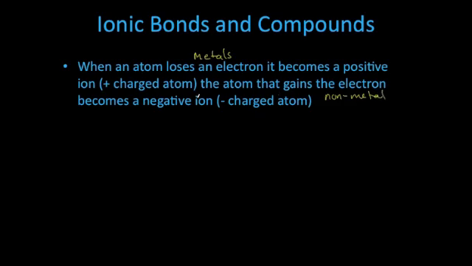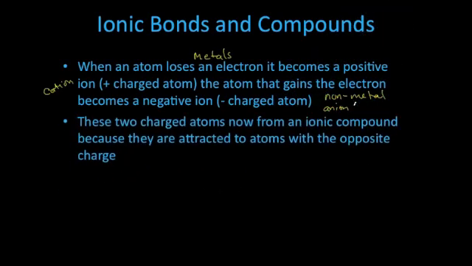All right. So the metals become what we call cations, C-A-T-I-O-N, and nonmetals become what we call anions, negatively charged ions.